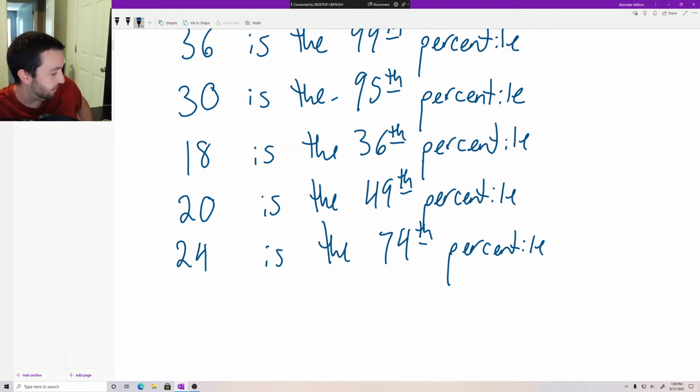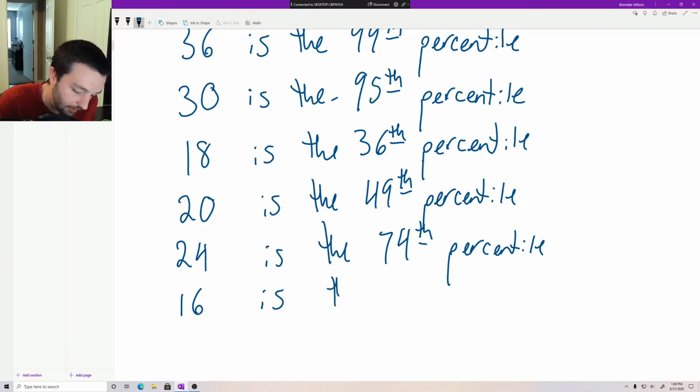Where is the 25th percentile? The closest one is 16. Okay, so 16 is the 23rd percentile.